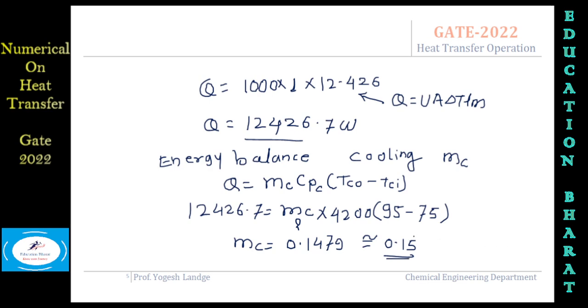You can write the mass flow rate as anything from 0.14 to 0.15. In between this range you can write any answer, no problem, your answer is correct. Fine. So this is all about how to solve this simple numerical on the heat exchanger.